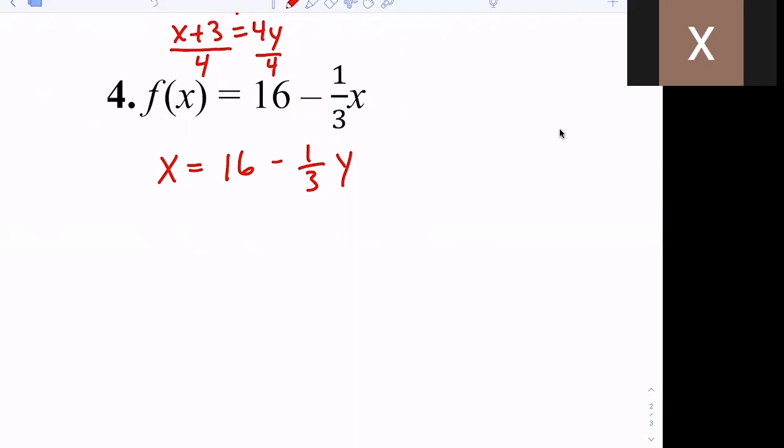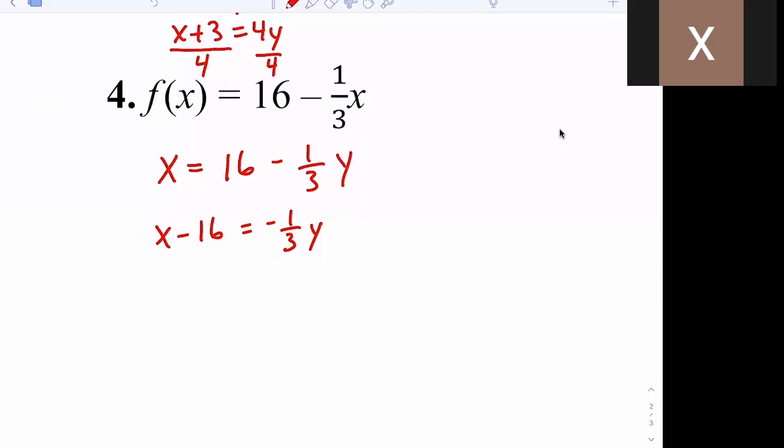I'm working backwards now. So what do I have to move? The 16. It is positive 16 on the right side. So on the left side, it's going to be x minus 16 equals negative 1/3 y. Now I keep telling you over and over, to handle a fraction, you multiply by the reciprocal.